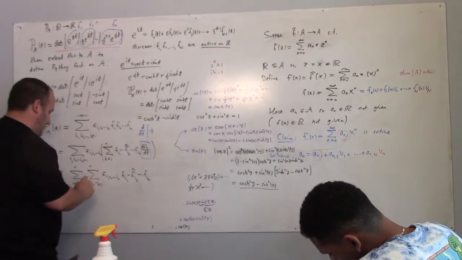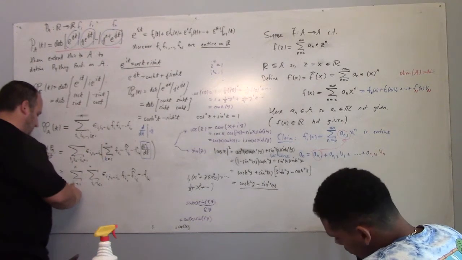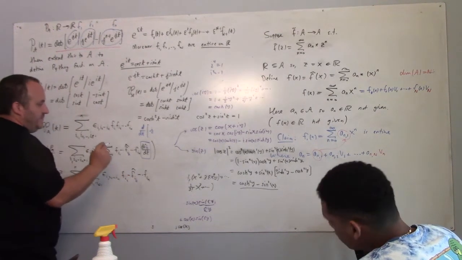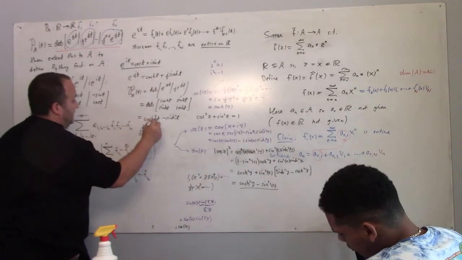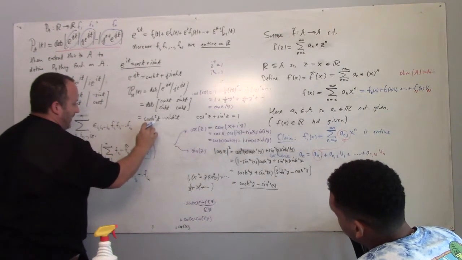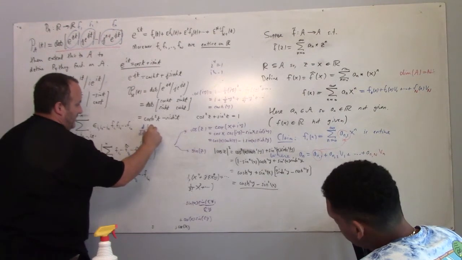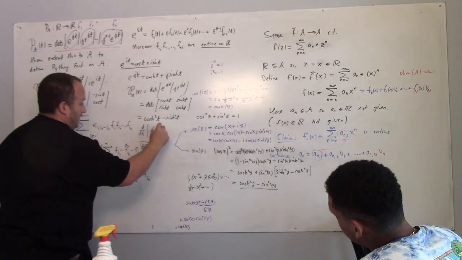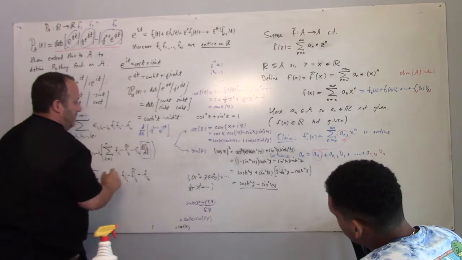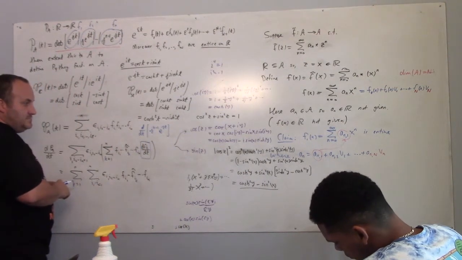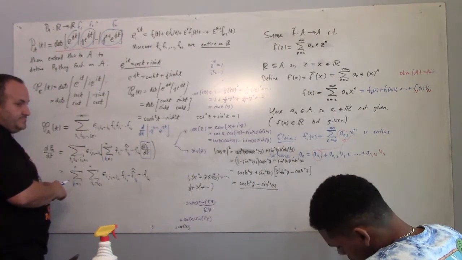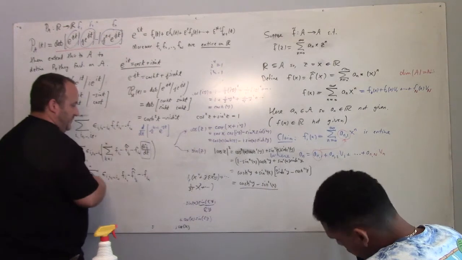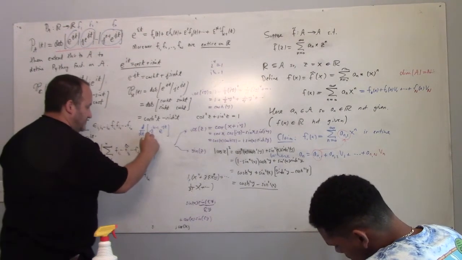So d f k is j to the k minus 1, right, times e to the jt. So this is just the formula for f sub k.